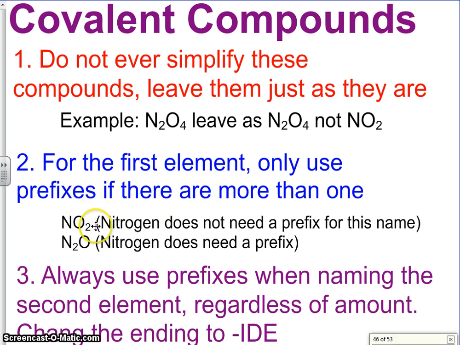If it's only 1, we don't use a prefix. If it's more than 1, we do use a prefix. And we use a prefix always for the second element, and we always change the second element to IDE. We do not ever change the element's name for the first one, so keep that in mind. The first element's name is exactly what it is off the periodic table, except with a prefix if needed. The second element, we do always change the ending to IDE, and we use a prefix all the time. So let's look at how this works.